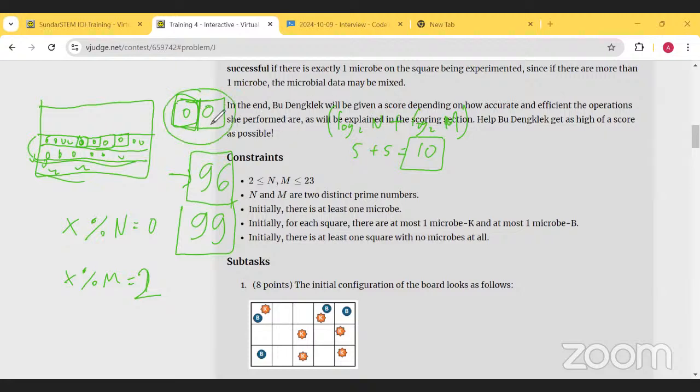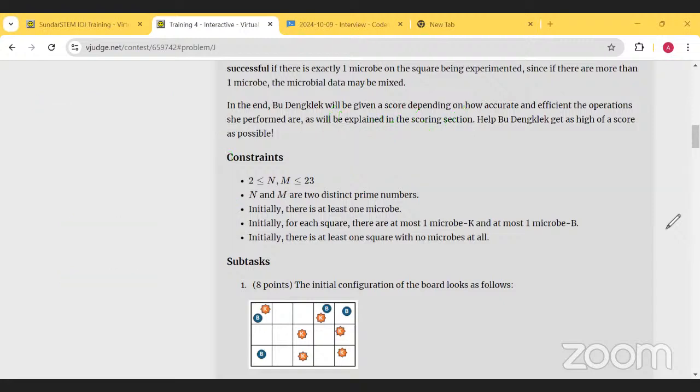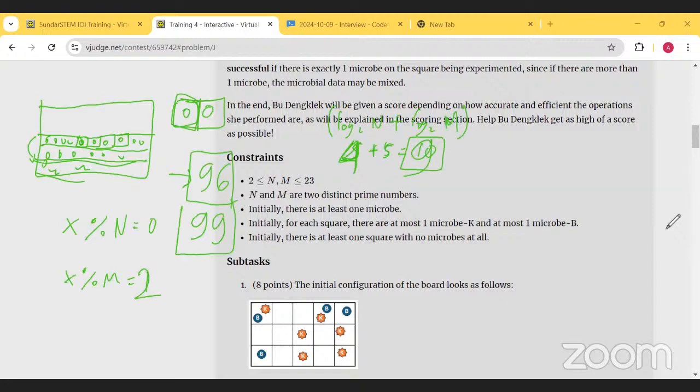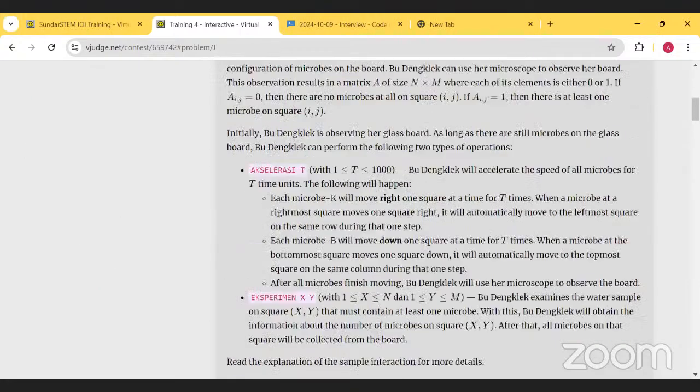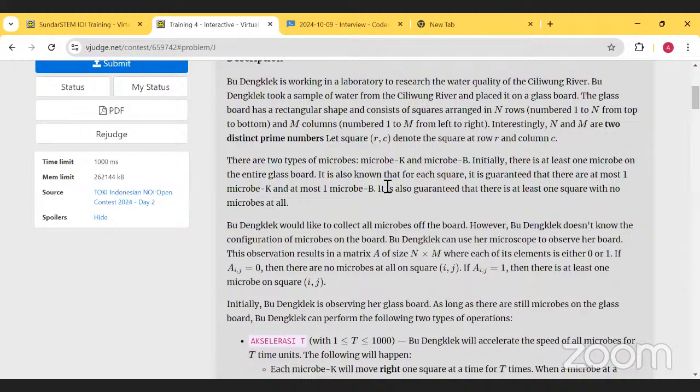Because this starts from two, then we only do four acceleration like this. But the full score solution is what I explained before.